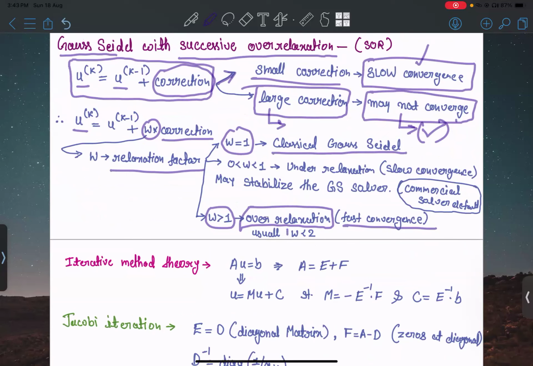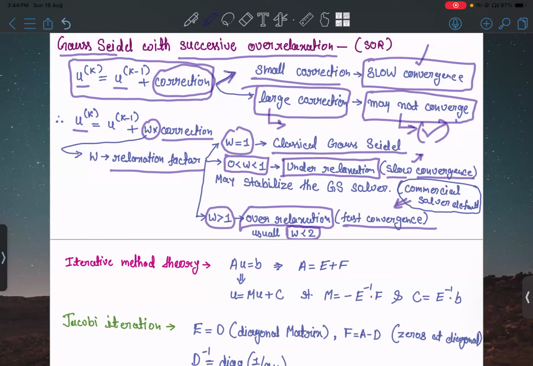So generally w usually is less than 2. And if my w is between 0 and 1, then this process is known as under relaxation, successive under relaxation.